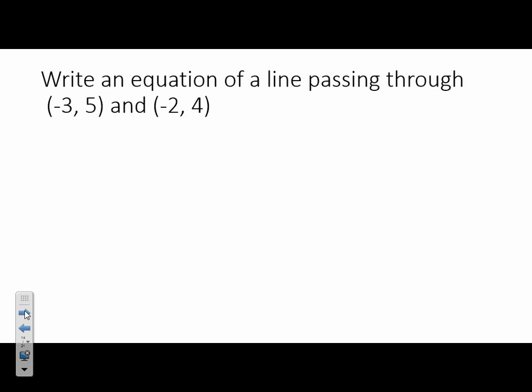Write an equation of a line passing through negative 3, 5 and negative 2, 4. Something you did in Algebra 1 again. Good. Find the slope first. Here's my second y. Here's my first y.